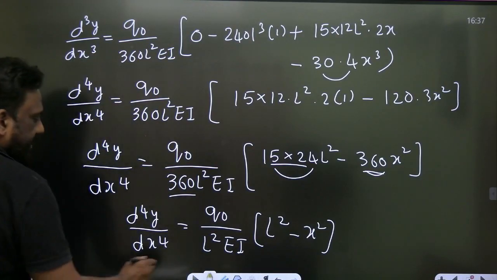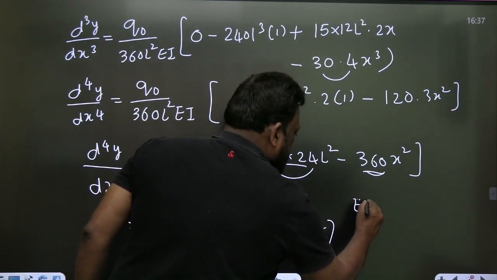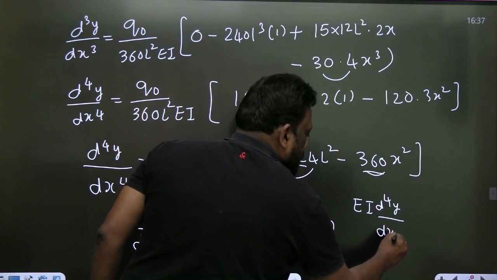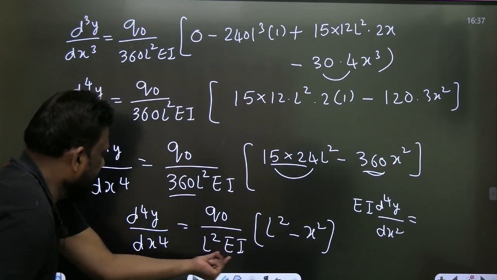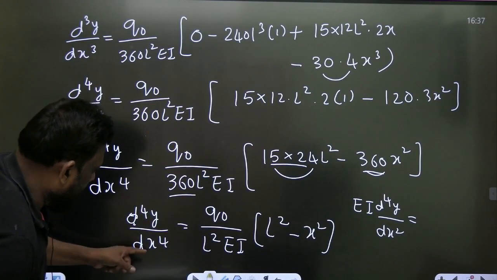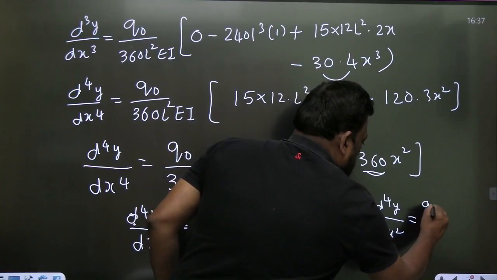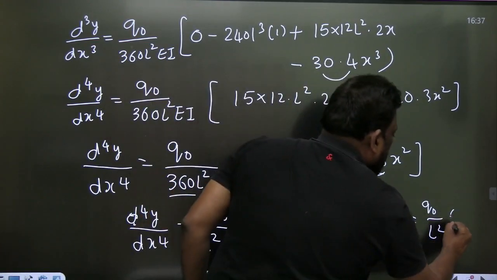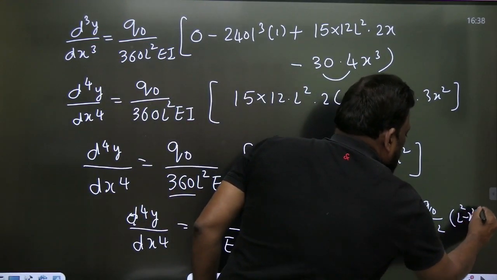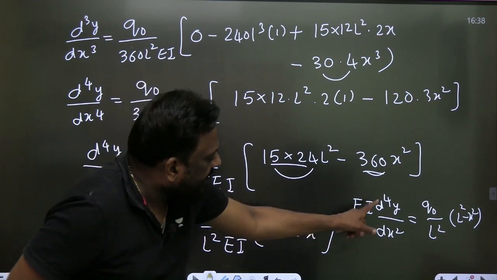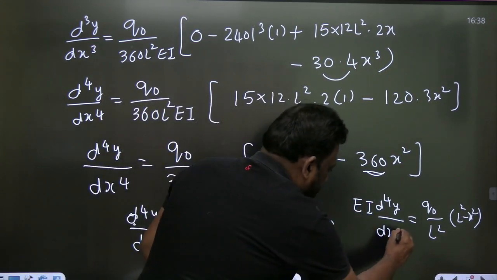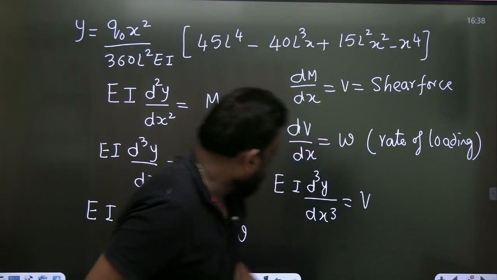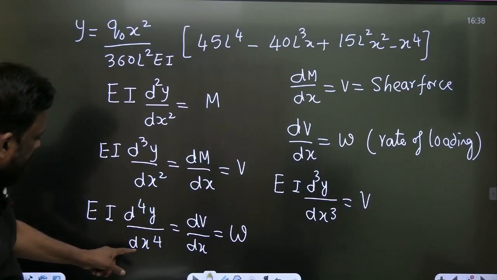So EI d power 4y by dx power 4 is equal to q naught by L square into L square minus x square. But everyone knows, check once, EI d power 4y by dx power 4 is W.